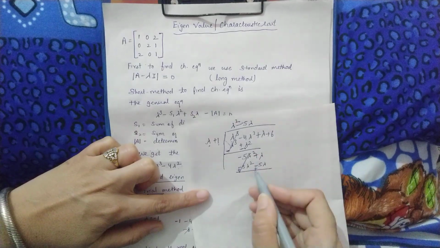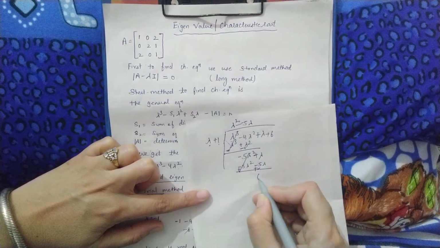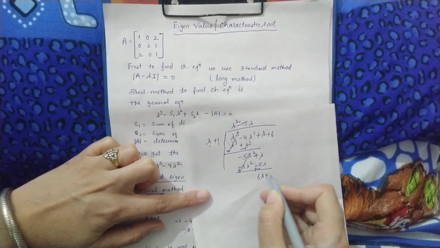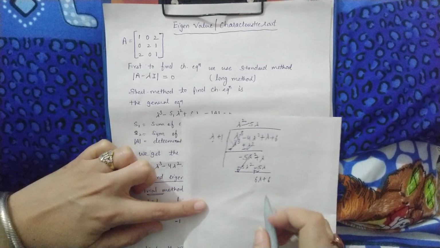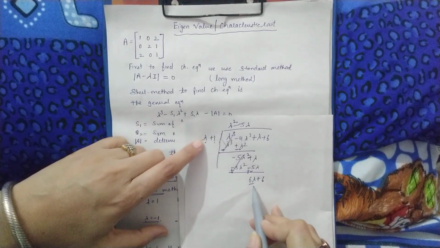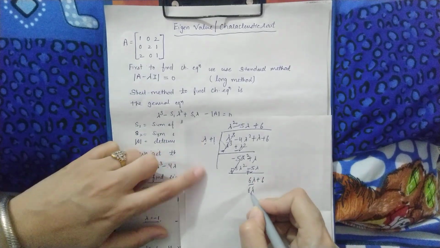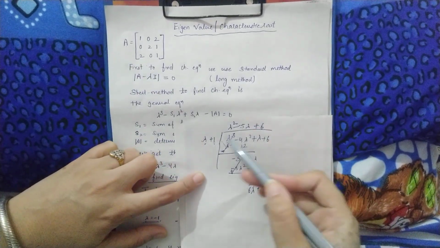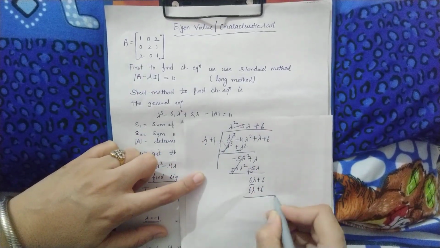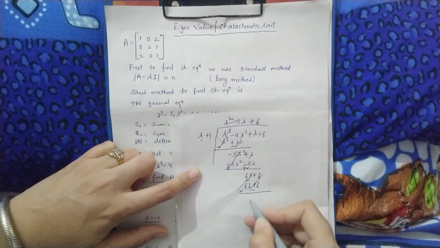Again considering the new sign, that is plus 1 plus 5, 6 lambda plus 6, right? Now I have to make 6 lambda from lambda, by multiplying it with 6. So 6 lambda plus 6 into 1 gives 6. Changing the signs, it becomes 0.